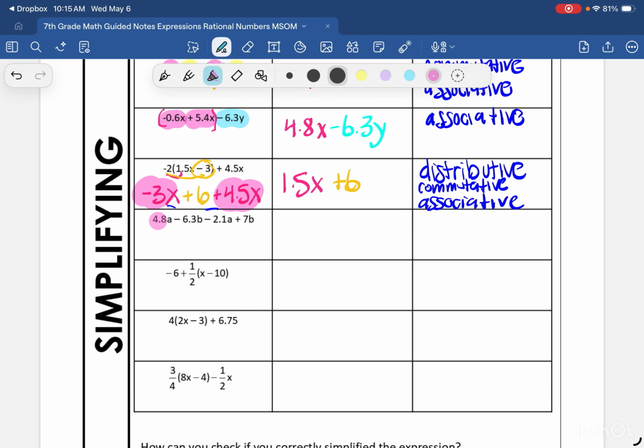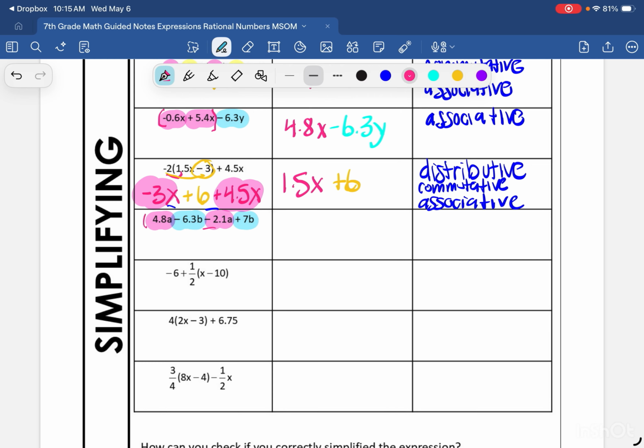Next question, for 8/10 a minus 2 and 1/10 a, so those are the same terms. So those are like terms because they both have an a, and then let's highlight these terms right here, negative 6.3b and a positive 7b. Again, notice that I'm hiding the plus or minus in front of the term so I don't get confused there. So now we are going to regroup these.